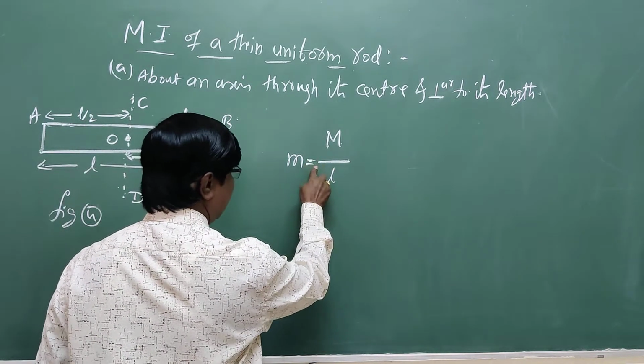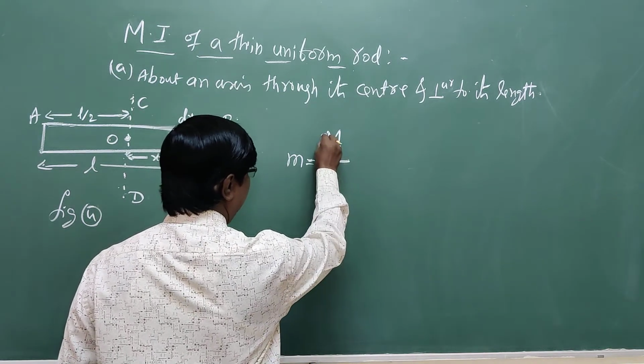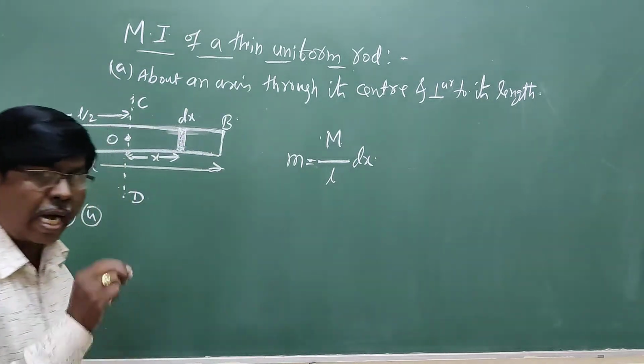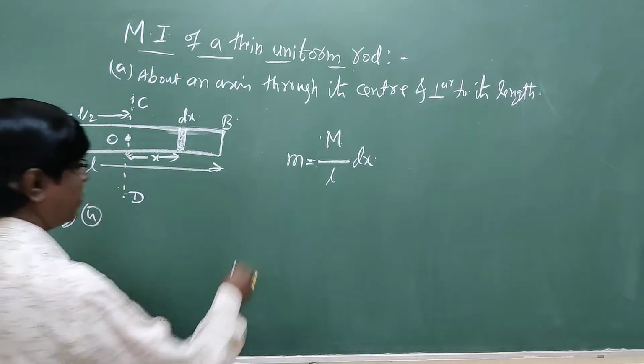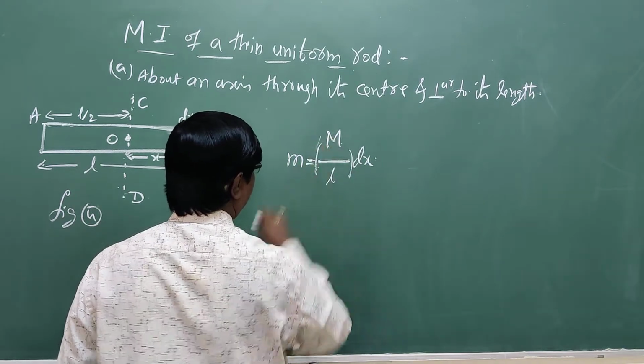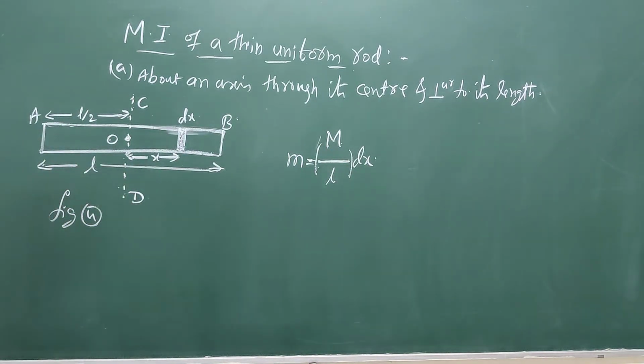Since M/L is the mass per unit length, M/L into dx gives the mass of that element.